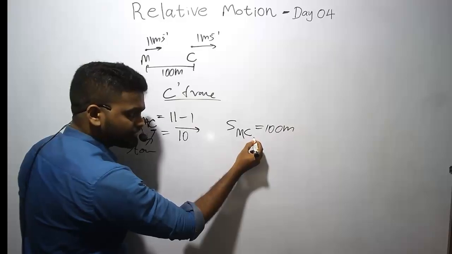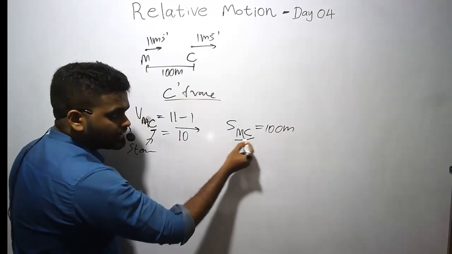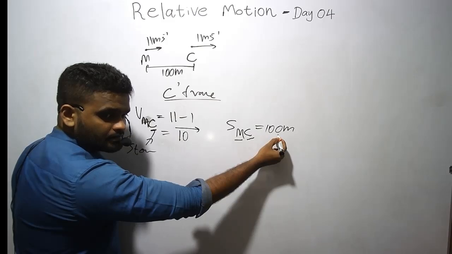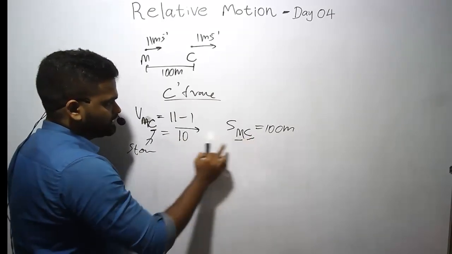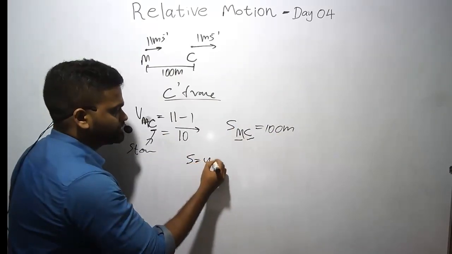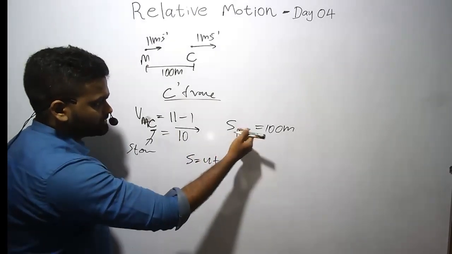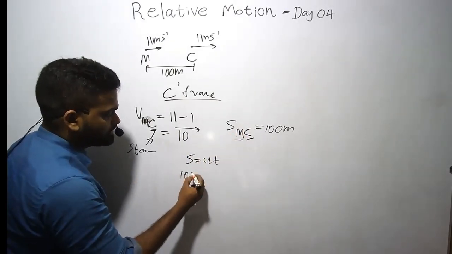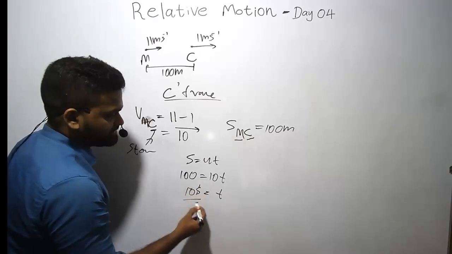If the cyclist is stopped, the motorcycle has to cover the 100-meter distance. Then we know the displacement and velocity relative to C. Then just apply s equals u t. So everything is relative to C now. What is s? 100, u is 10, t. So t is 10 seconds.